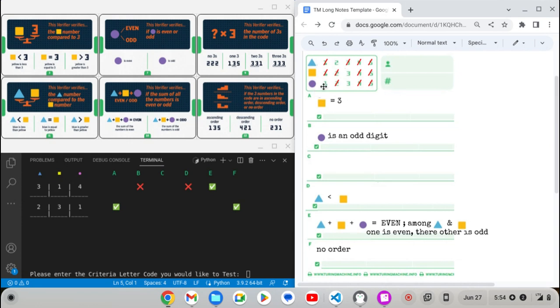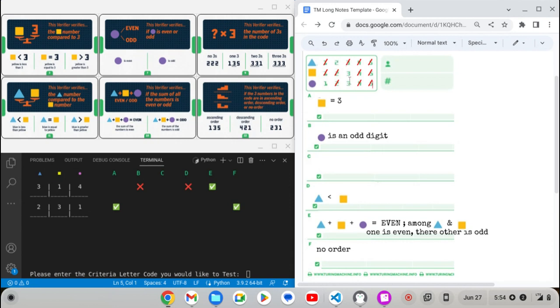So the question then becomes, and this does bring to light, when I introduced criteria card F, I specifically just stated that no order is when you increase and decrease. Technically there's an alternative possibility.